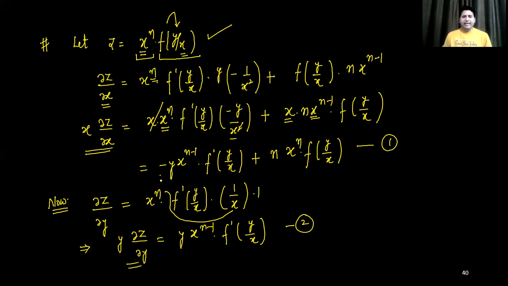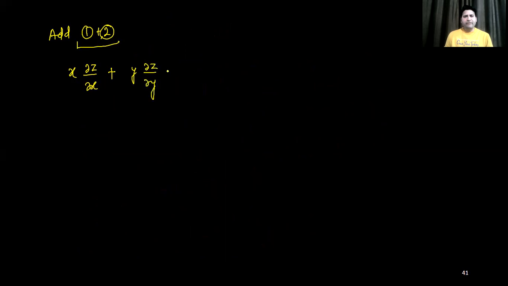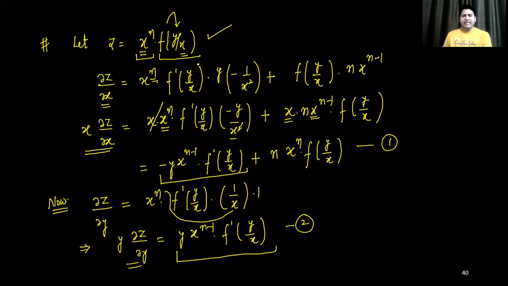If I add them, you can see this term got cancelled. If I add them, minus y x power n into this cancels by this much, and this result will be left. That is, I am adding equation number 1 and 2, or 1 plus 2. So the left side will be x into del z over del x plus y into del z over del y is equal to x into del z over del x is what?